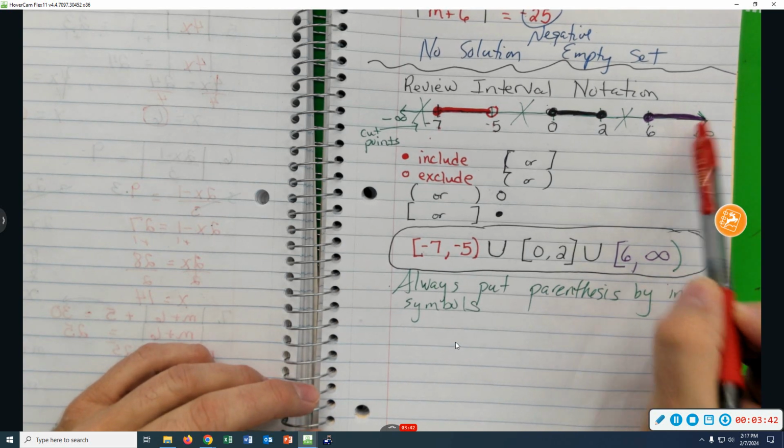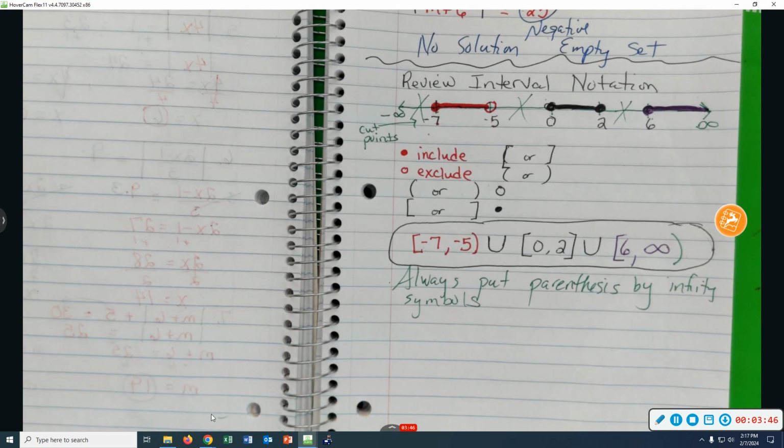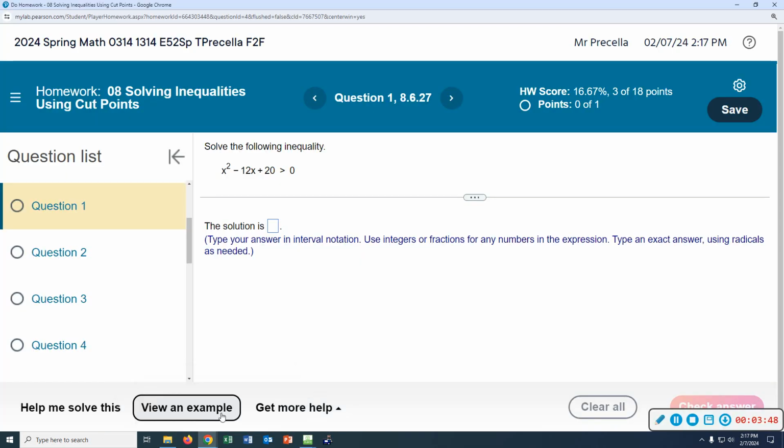Okay? If you're going to solve an inequality like that first one I showed right here, if you're doing it correctly, you must draw a number line. Your strategy is going to be to find these cut points. And that's what I call the numbers on the number line that have an open or closed circle.